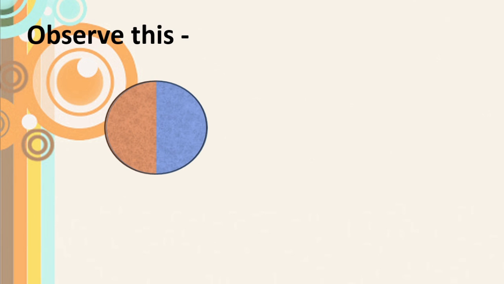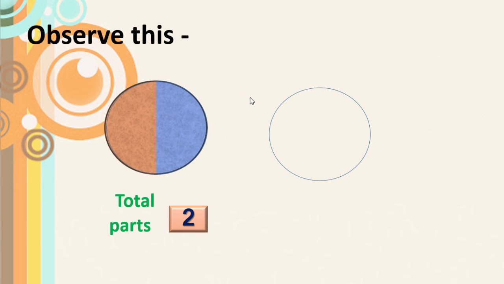Observe this. See here. You know this circle is divided into 2 colors. How many total parts are there here? 2. Correct? Because it is colored into 2 different colors. Now, here you can see one more circle with blue part and orange part.